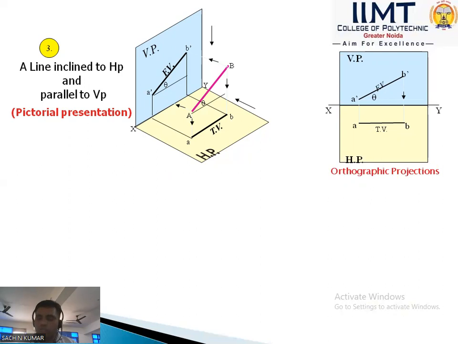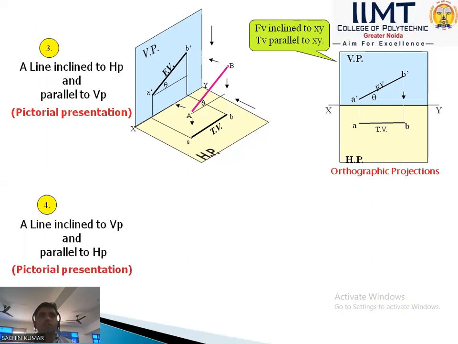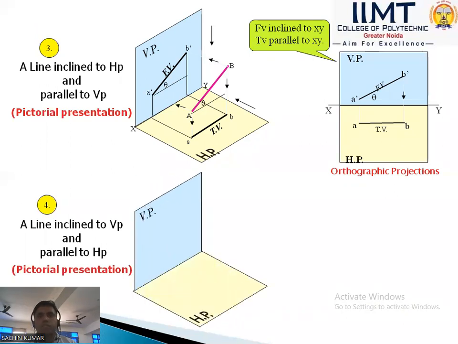Another case we have discussed is where the top view is parallel to the XY line. That is the fourth case: a line inclined to VP and parallel to HP. First we see which view gives the true length.